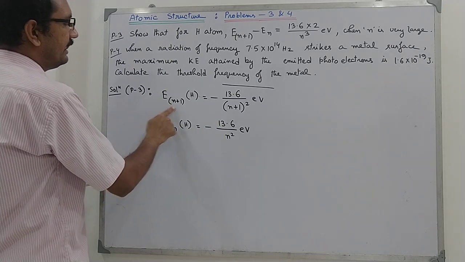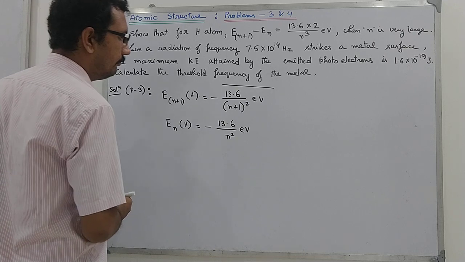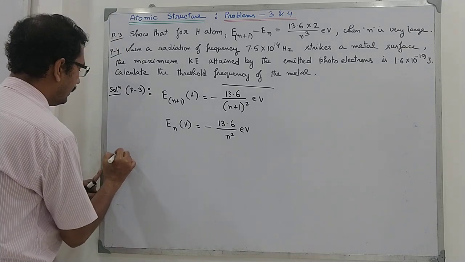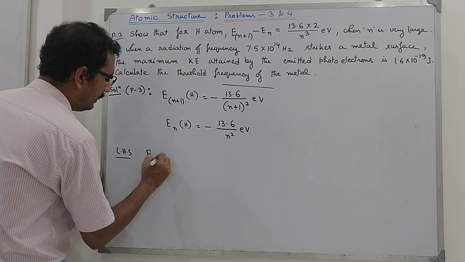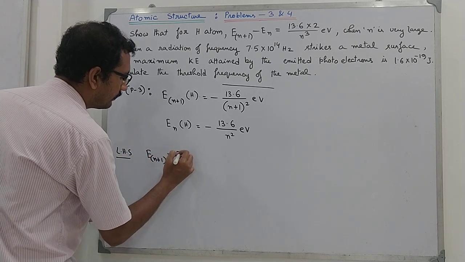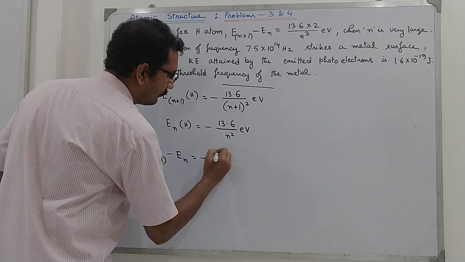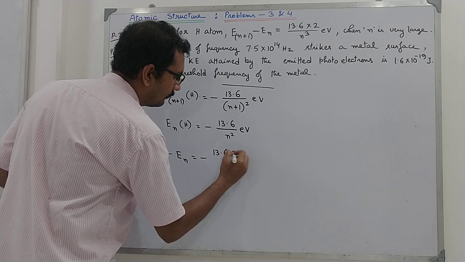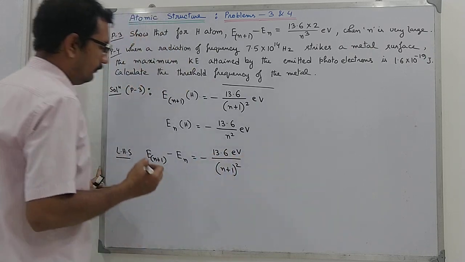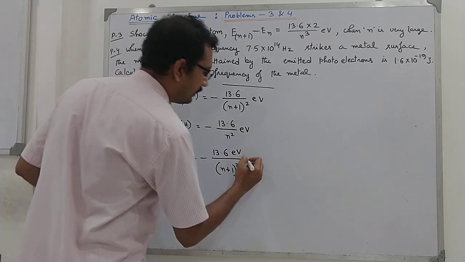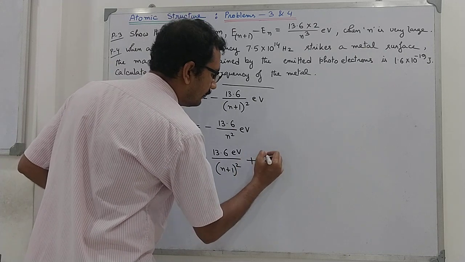So this is the expression of En plus 1 and this is the expression of En. Now what is given in the left hand side is En plus 1 minus En equals to, we are putting the expressions. This will be minus and minus, this will be plus.